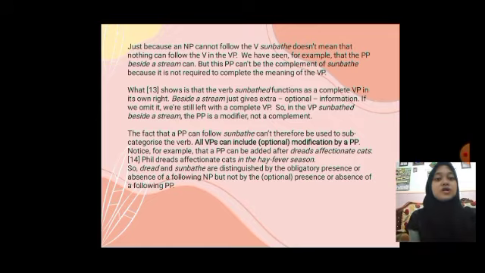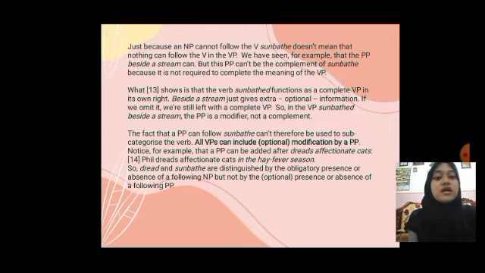Just because a noun phrase cannot follow the verb sympathize doesn't mean that nothing can follow the verb in the verb phrase. We have seen, for example, that the prepositional phrase beside a stream can, but this prepositional phrase cannot be the complement of sympathize because it is not required to complete the meaning of the verb phrase.